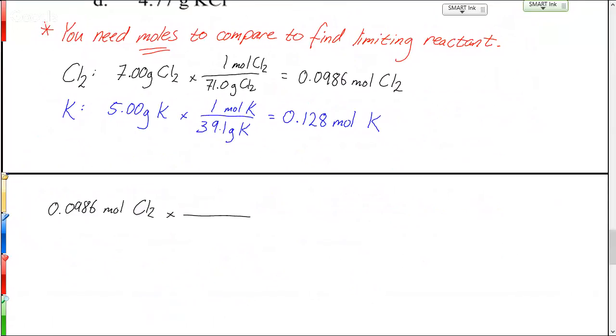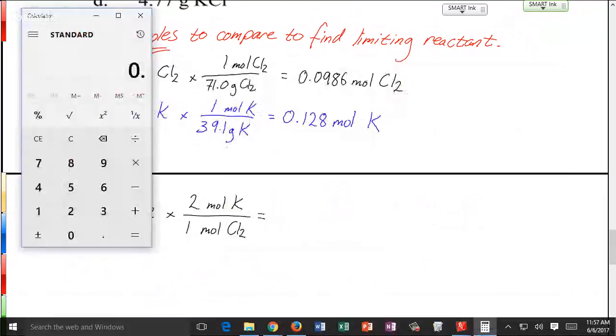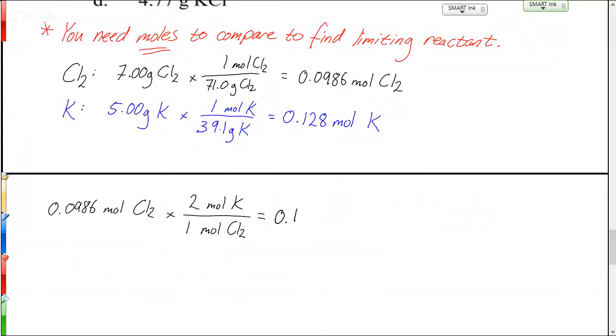The equation tells us we need one of these and two of these, 2 potassium. So based on the mole ratio of this equation, if we have 0.0986 moles of chlorine, which we do, we would need 0.197 moles of potassium.